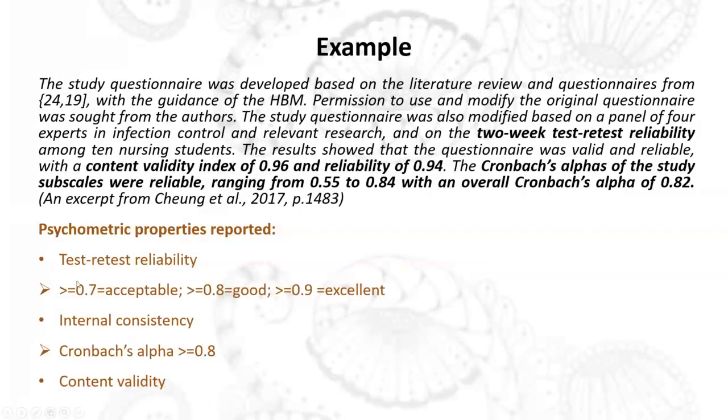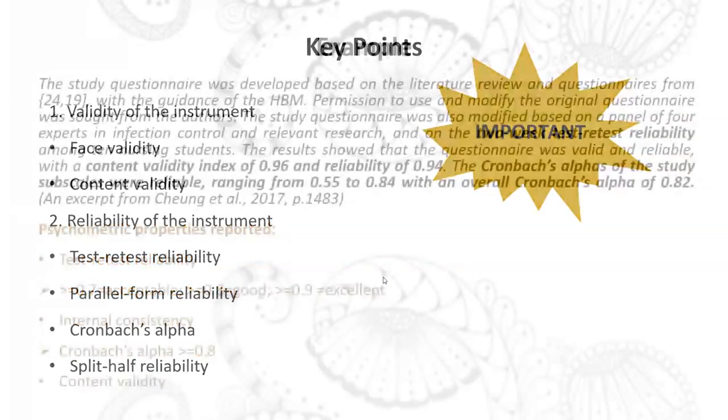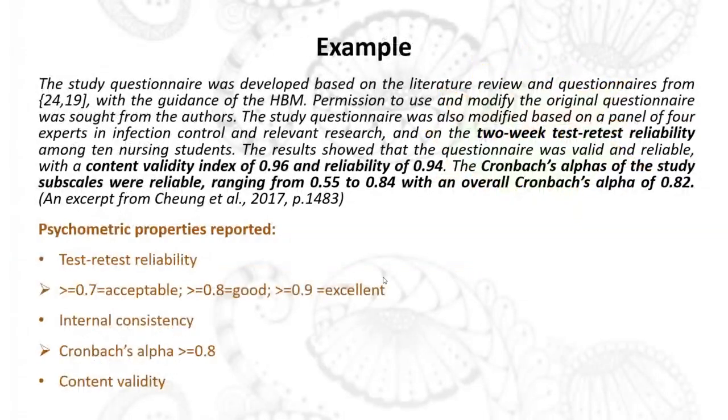And here I also tell you the range to let you know how to determine the validity and reliability of the questionnaires that you see in your studies. One thing I can assure you is that in the test, the level of difficulty of the paragraph will be similar to this one.